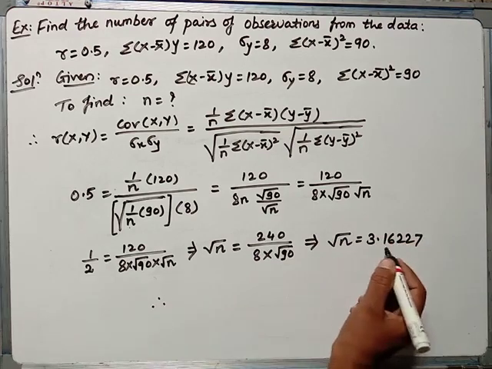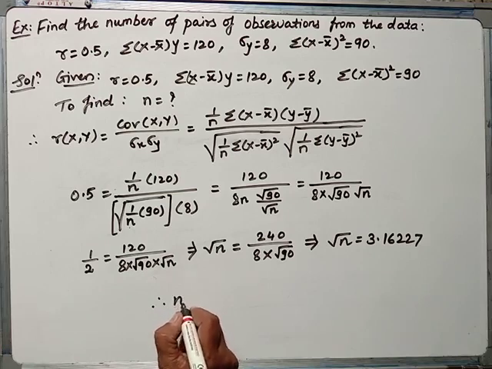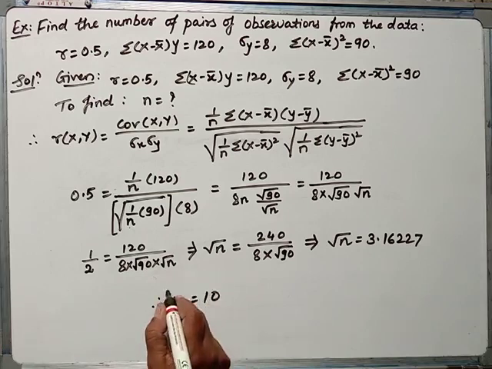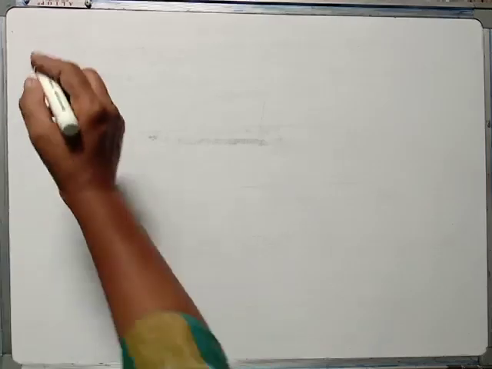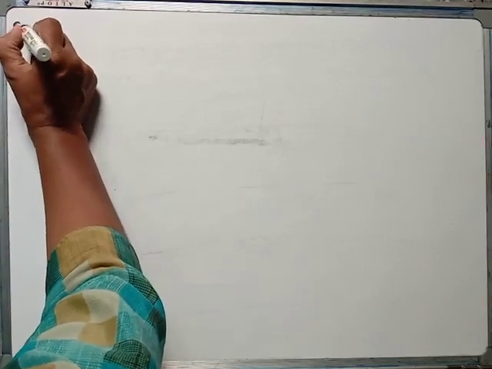Square root n is this, so by taking square on both sides, n we get 10. These are the number of observations, so I got it as 10. You can check that one. Fine. Now let's go for the next example.